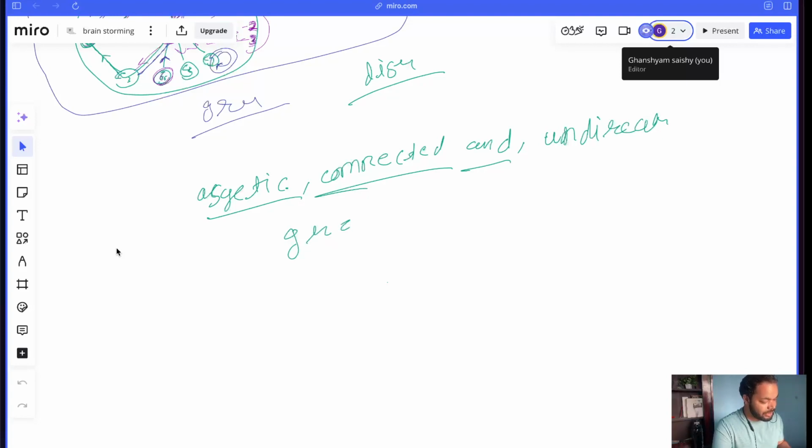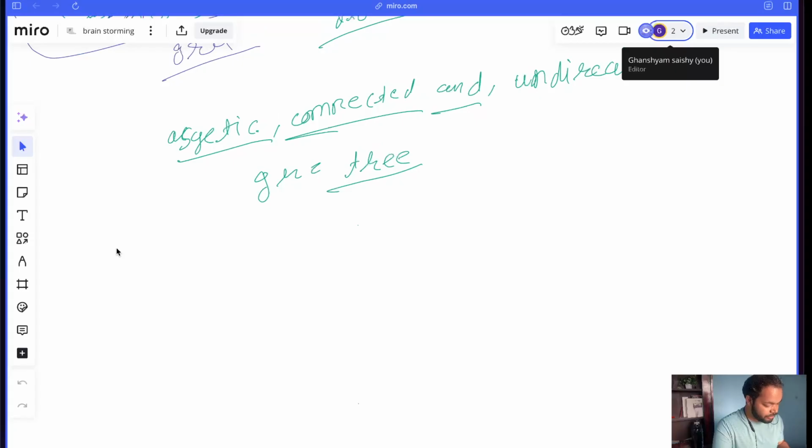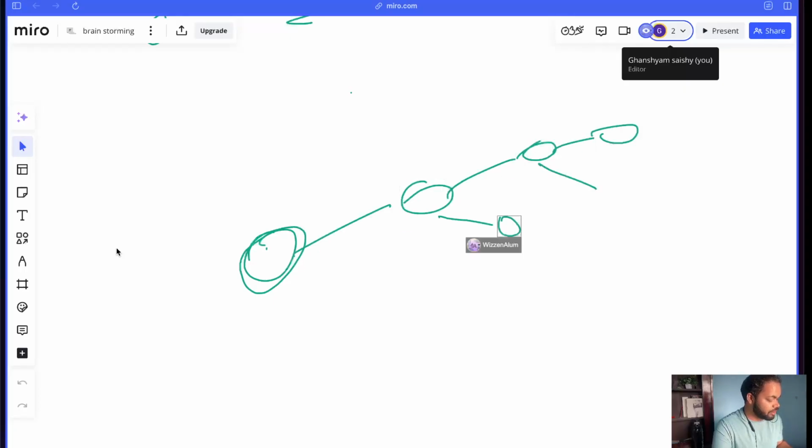It is a tree. If you see it this way, then it is a tree. Why? Because of how a tree looks: you have a node, and it is connected to some other nodes in some fashion, right?